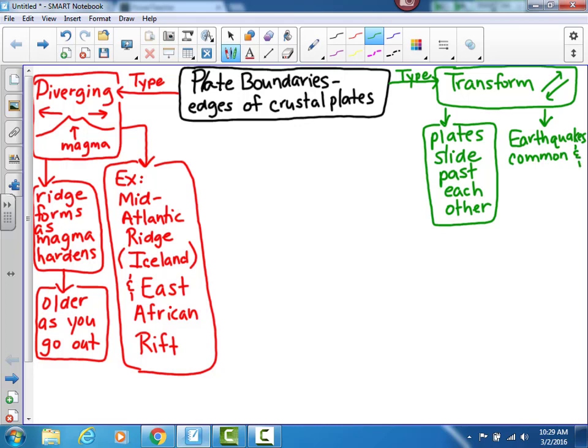But there's one thing that's different about these earthquakes from some of the other ones that we're going to talk about with our third kind of boundary. The earthquakes that occur at transform boundaries are typically very shallow. That means, at least comparatively, they occur pretty close to the surface. They're not very deep underground.